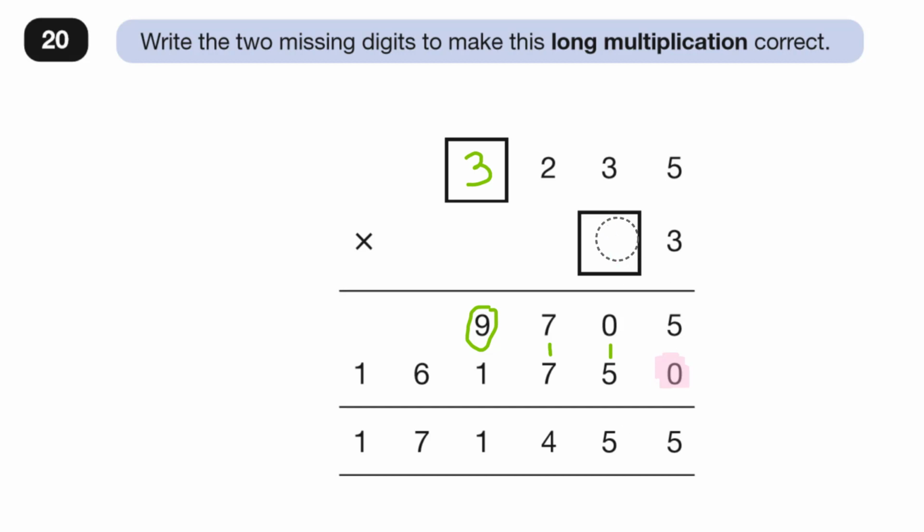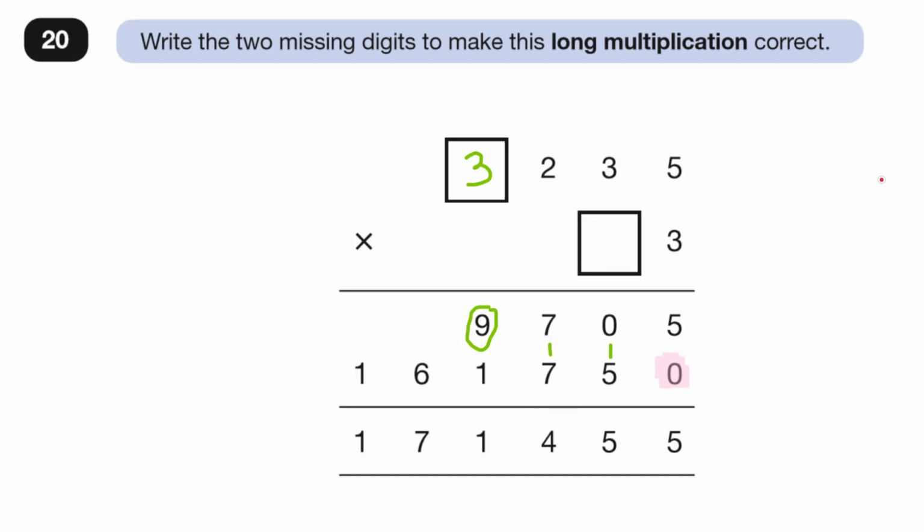But with the 5 times table, 5 times 1 is 5, 5 times 2 is 10, that wouldn't work. 5 times 3 is 15, so that might work. 5 times 3 is 15, so we'd have the 5 and then we'd have a 1. 5, then we go 3 times 3 is 9, plus the 1, that doesn't work, does it? Okay, so it's not a 3.